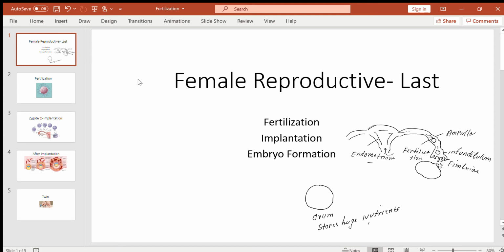Lot of fat, you know, the chicken egg you eat has fat, that yellow part, right, that gives energy, and also protein, the white part.